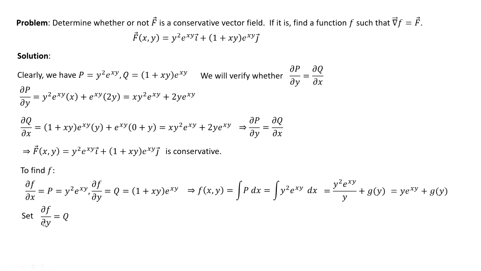Take the partial f with respect to y. Take the partial of this guy with respect to y. Again, product rule, right? You can do that, I'm sure. And what is important is, what's the derivative of this guy with respect to y? This is just a g of y. It's purely a function of y.